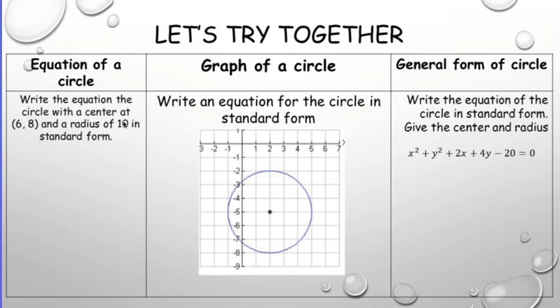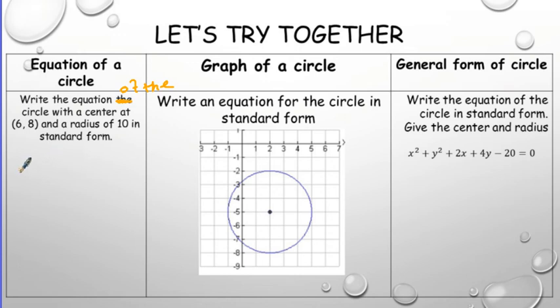Okay, so let's try this first question together. It says write the equation of the circle with a center at (6, 8) and a radius of 10 in standard form.